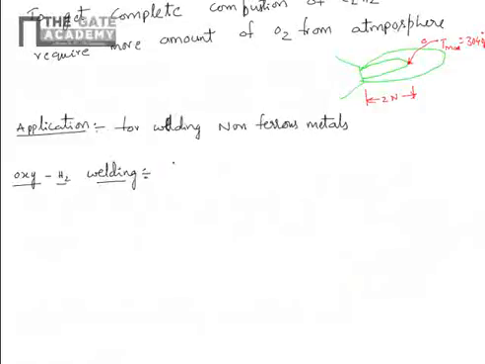It is used for welding low melting point metals like aluminium. It is also used as a heat source for brazing. So oxygen plus hydrogen combine to form H2O plus heat.